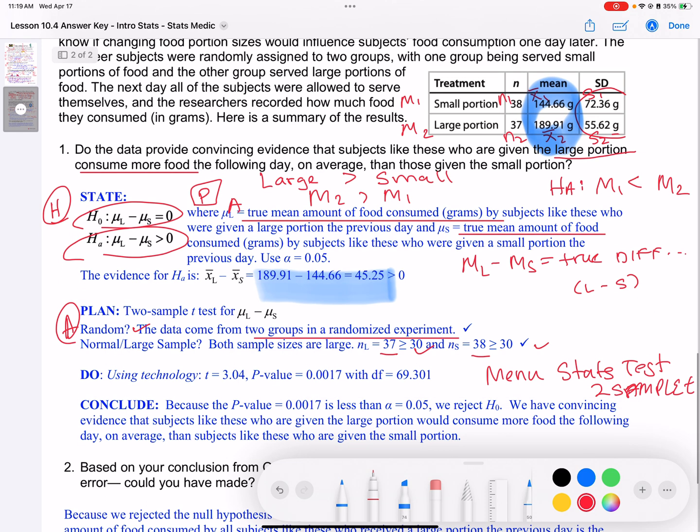And you're going to put the data that I listed up here all in here, and we are going to have an HA that is going to be a less than, sorry. All right, now the less than, remember, is because we have mu1 less than mu2. And ours says, remember, that we have more food, but that's because it's large greater than small. But remember, my large is over here, so that means it's going to be the small is less than.